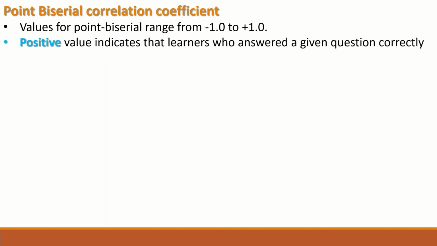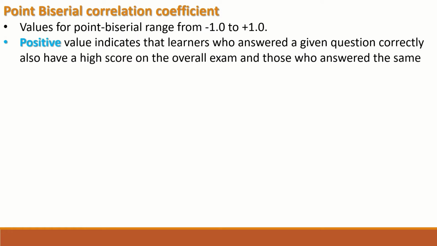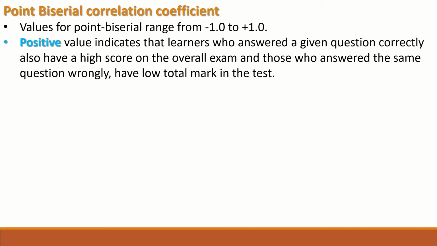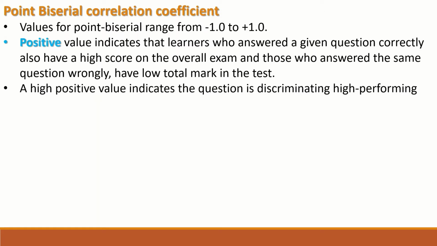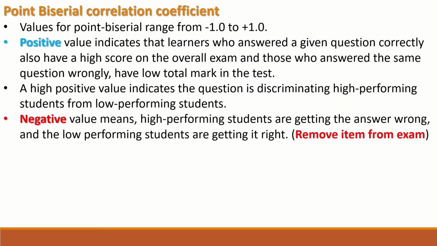Now, a positive value of the coefficient indicates that the learner who answered a given question correctly also has a high score on the overall exam, and those who answered the same question wrongly have a low total mark in the test. A high positive value indicates that the question is discriminating high performing students from low performing students.